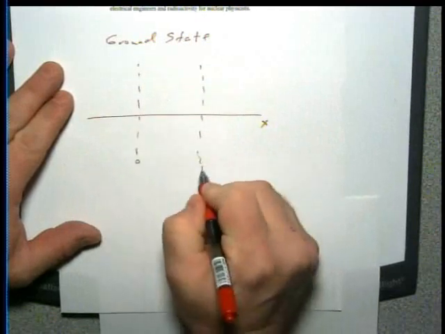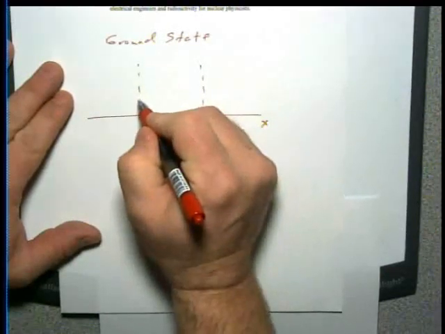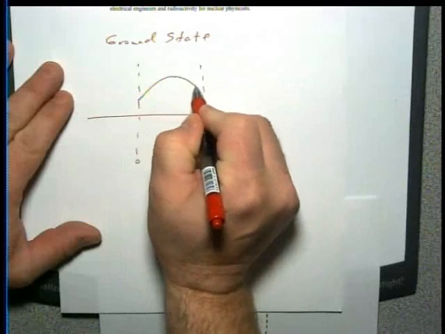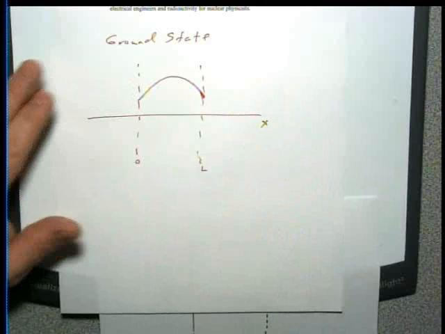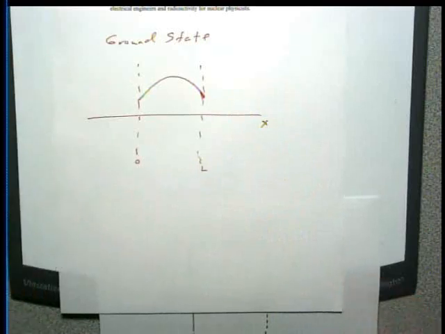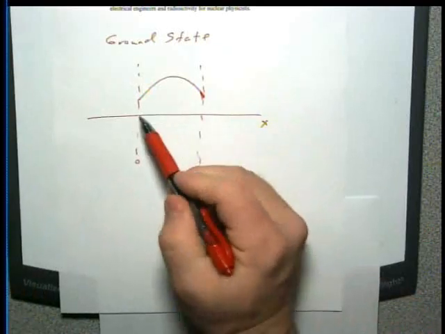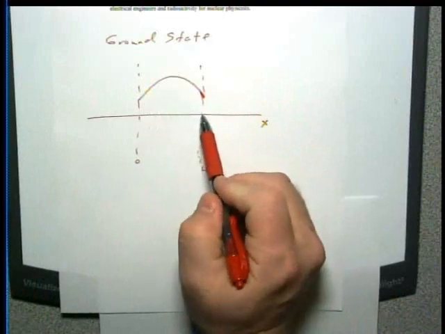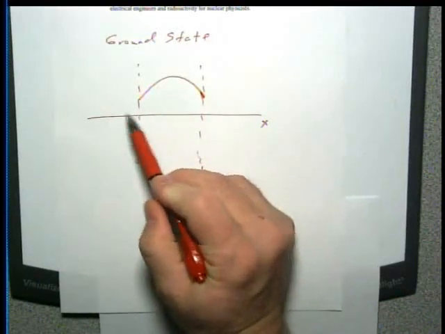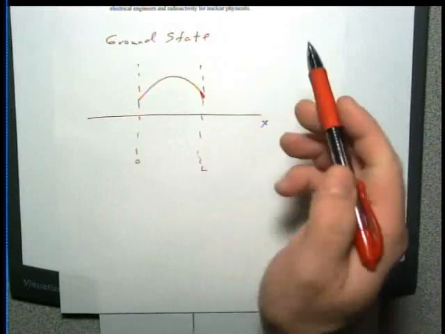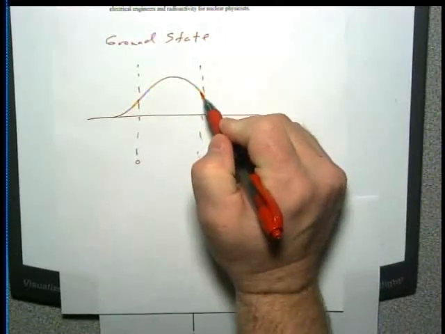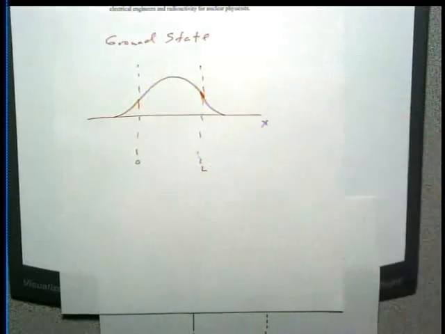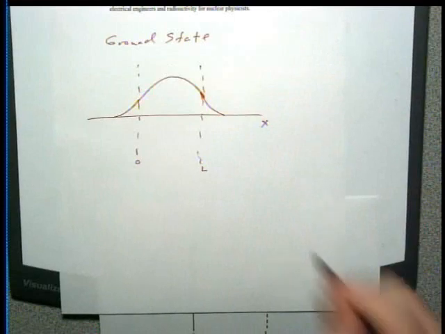So there's 0 and there's L. I expect something like that, kind of a hump. Symmetric. My graph's not perfect. If this was an infinite well, I would expect this to go to here. It would be at 0, and you have no probability of being outside. The only thing I'd expect to be different about the finite well is it'll have an exponential tail. That would be the n equals 1 state.